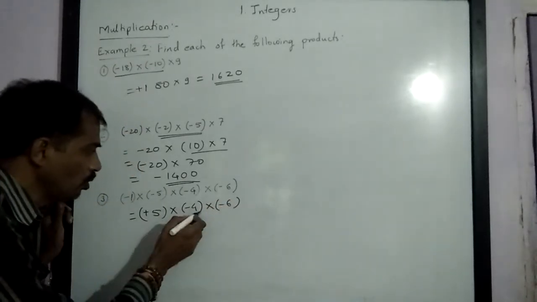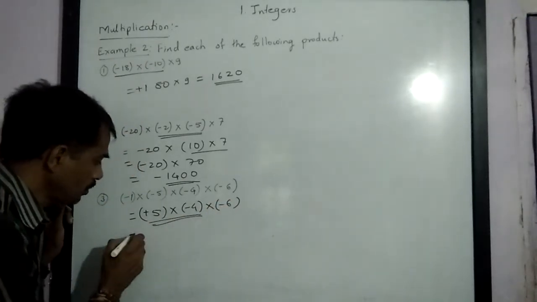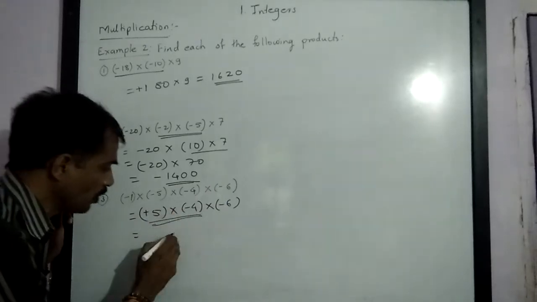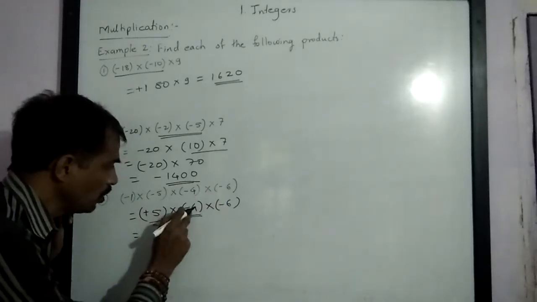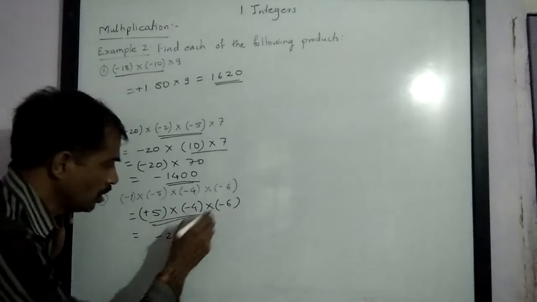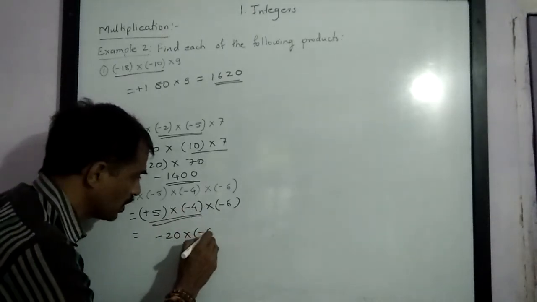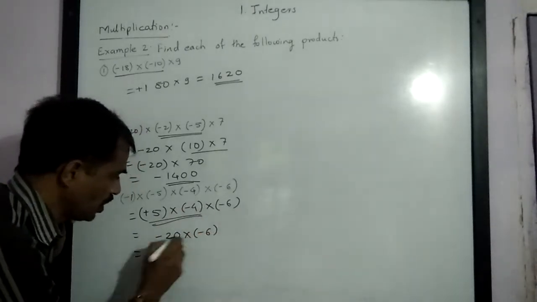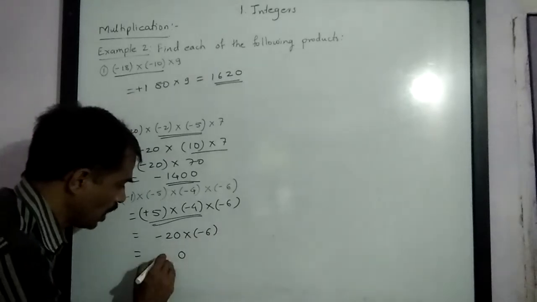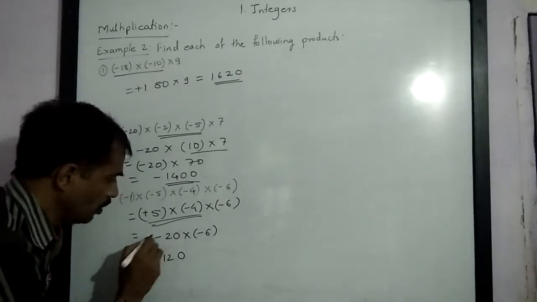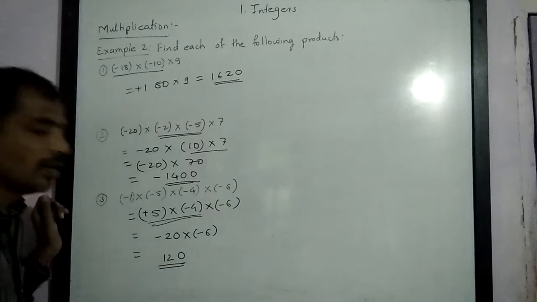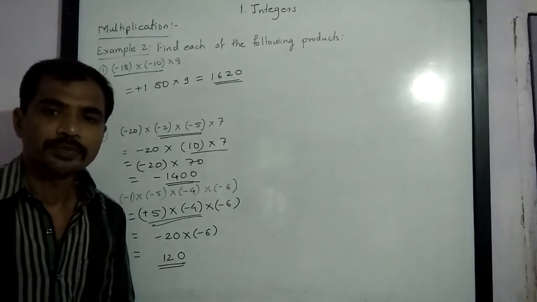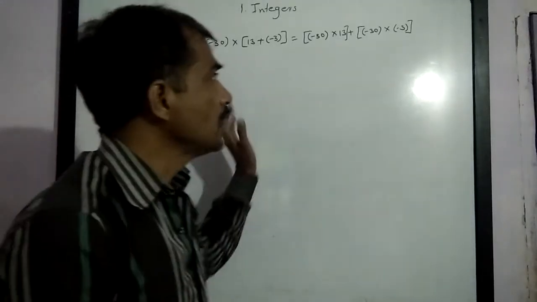Now we are going to do this operation first. This is equal to 5 4s are 20, positive into negative is negative, multiplied by negative 6. Now 6 zeros are 0, 6 2s are 12, negative into negative is positive. So the answer is 120.